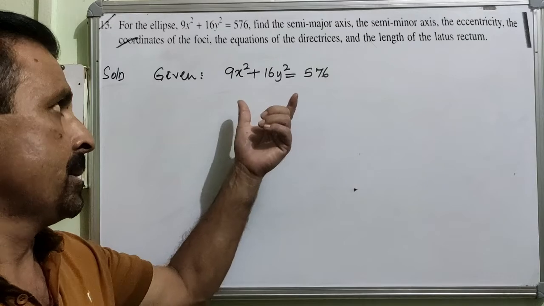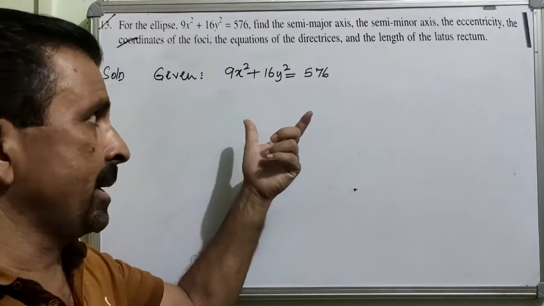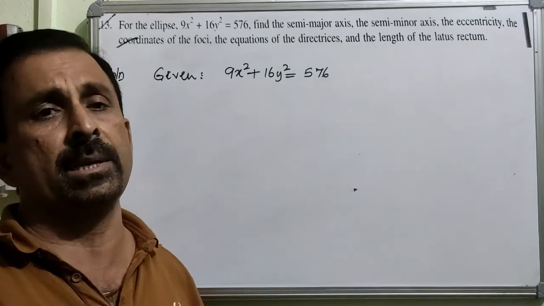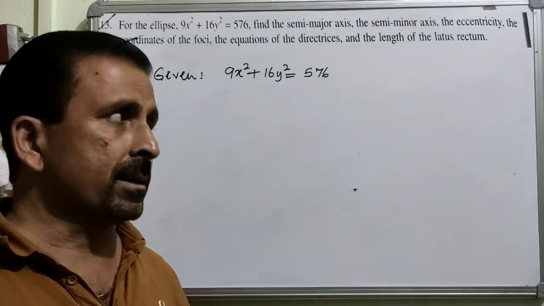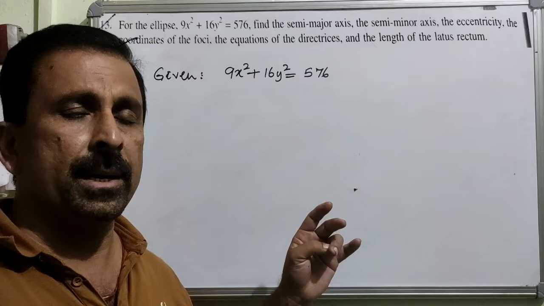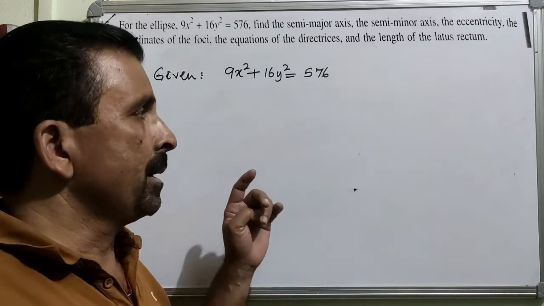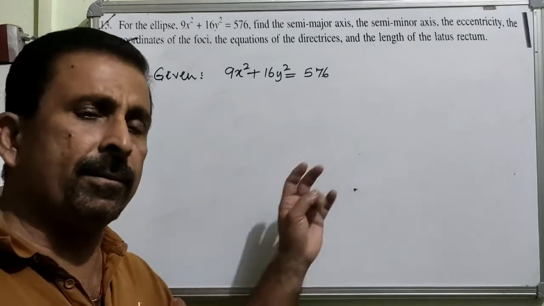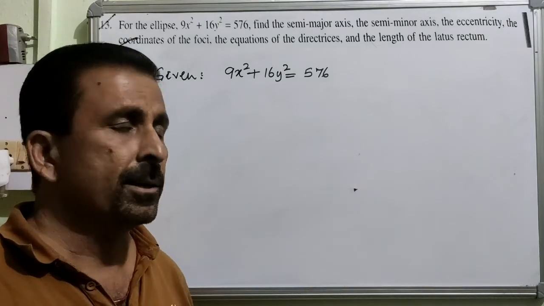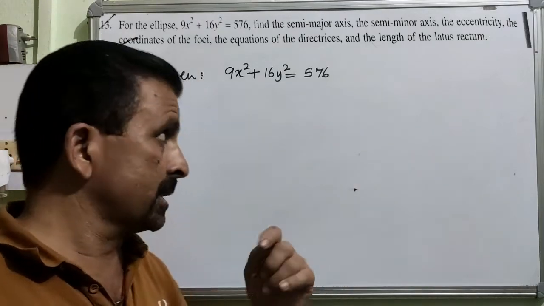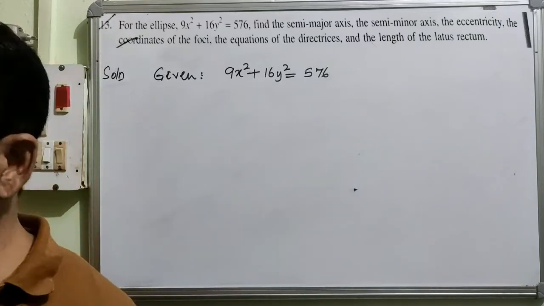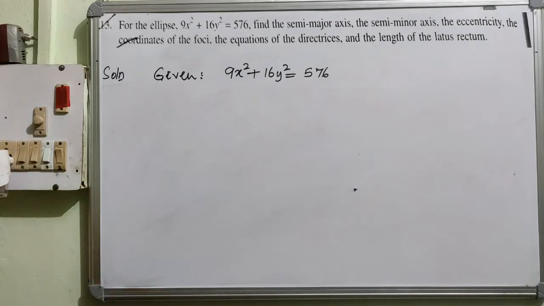From this equation, you have to write down all the information that you have seen in the table, like the directrix, the focus, the major axis, the minor axis, the coordinates of the center, everything we have to find out, right? So how can we find out all the information from the given equation? We are going to learn that. It's very easy to do this question.